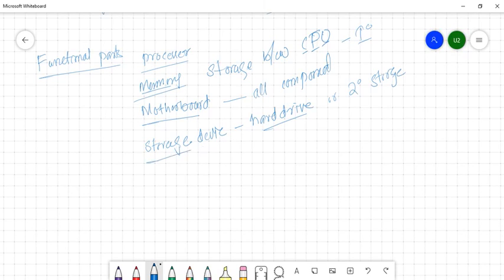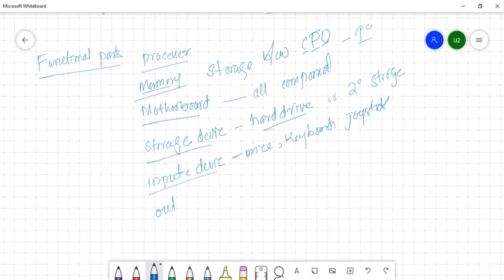We have input devices such as mice, keyboards, joystick, and so on.